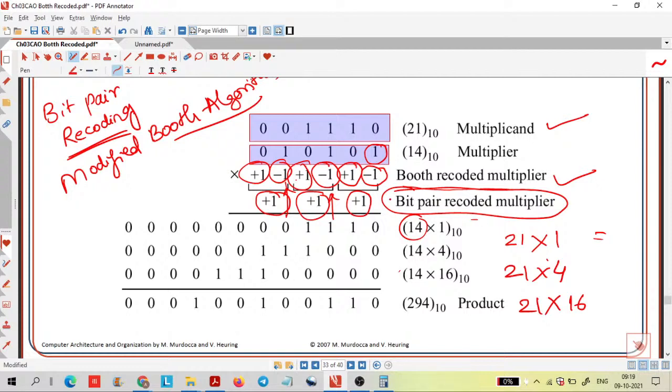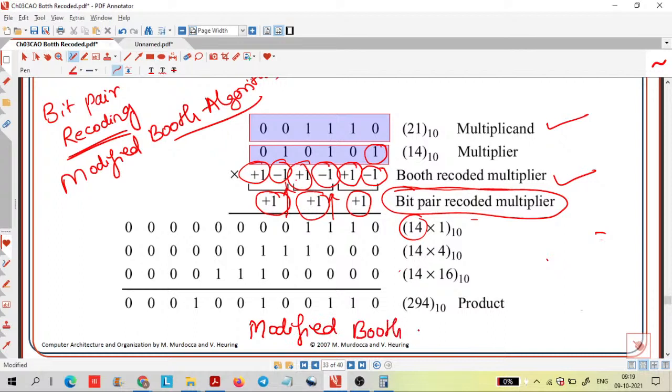So yeah, I was just confirming. Here in this modified Booth algorithm, or what is this method? Bit pair recoding algorithm.